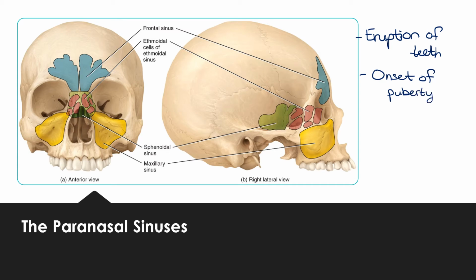These are going to be the main two periods in our lives where these paranasal sinuses really have a large increase in size. Now the paranasal sinuses' main role is to allow the skull to increase in size without changing the mass of the bones themselves.